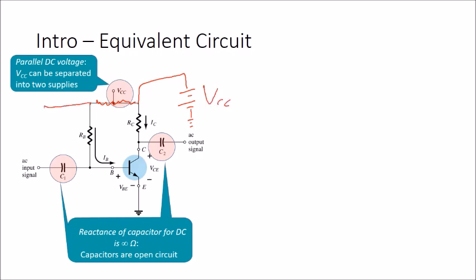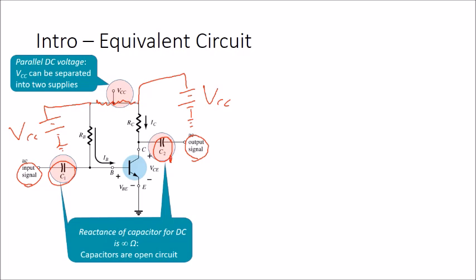You draw it as a VCC and then connect to ground. So the value is VCC. In DC, you have to remember the capacitor will always be open, so the AC input signal we can ignore, and also the AC output signal we can ignore because of the open circuit here.